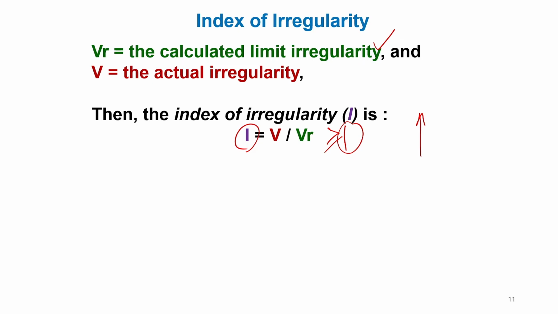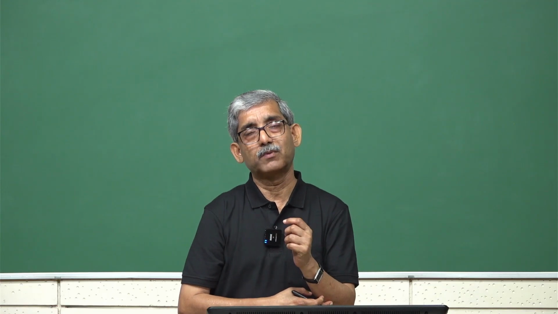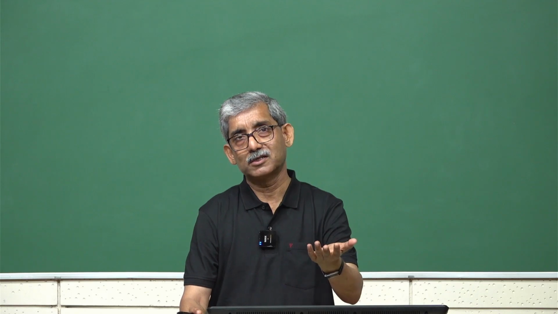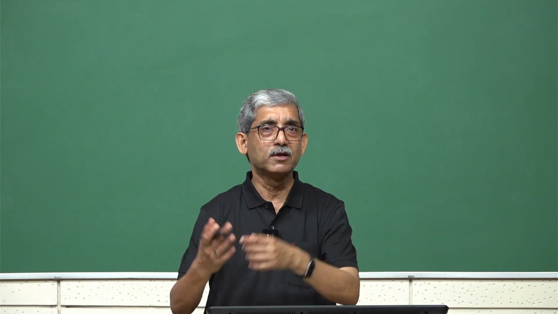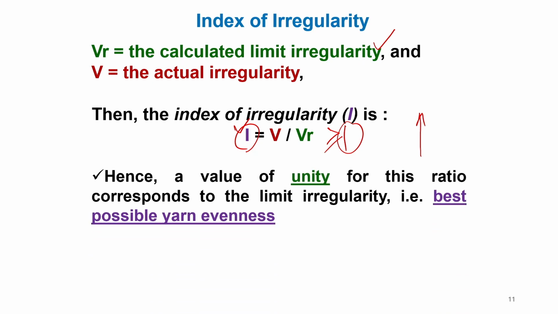So, if we have two machines producing the same product from the same fiber, the same sliver, we can compare two draw frames, or even two ring frames. The machine with the higher index of irregularity has inferior performance, it is performing poorly.